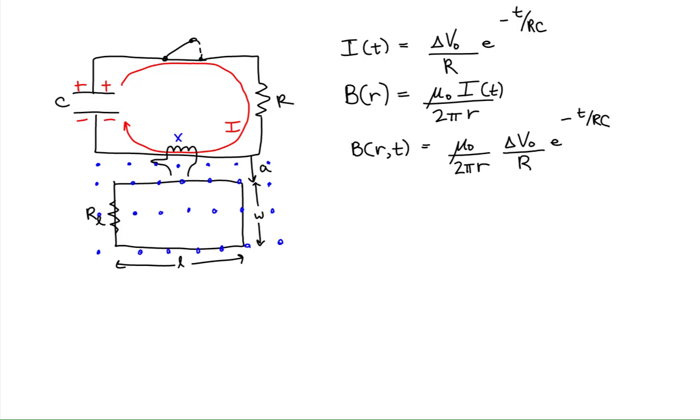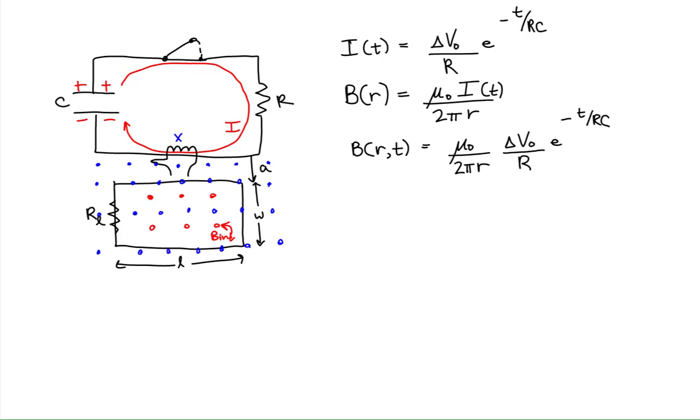This means that the induced magnetic field, which I'll draw with a couple of dots, this represents the induced magnetic field. And the induced magnetic field must be parallel to the magnetic field created by the current carrying wire. So being parallel to that magnetic field, this induced magnetic field is coming towards us.